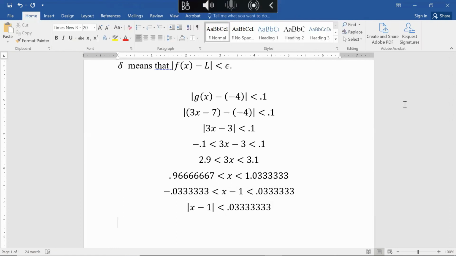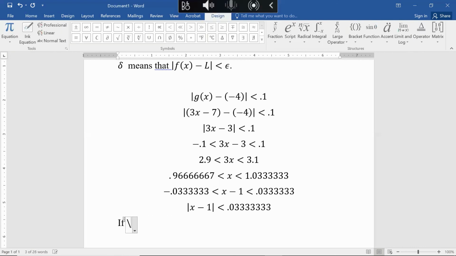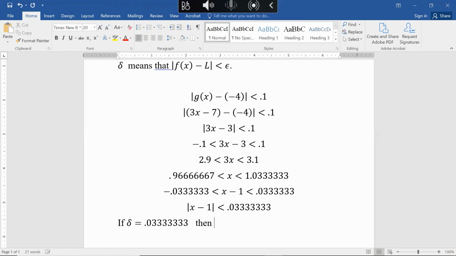Okay? So what does this mean? This means if I set my delta equal to 0.0 and then lots of 3s, then x minus 1 less than that delta forces my function's output to be within 0.1 of that limit.